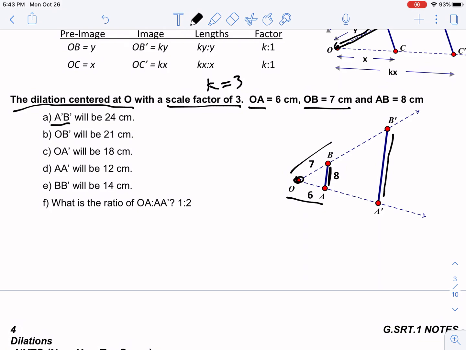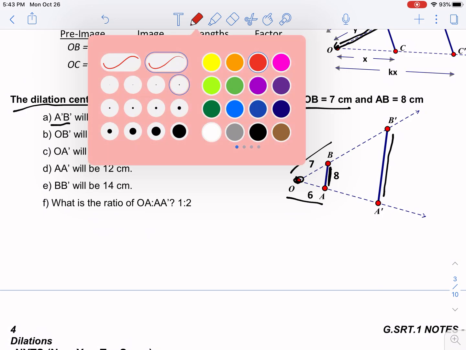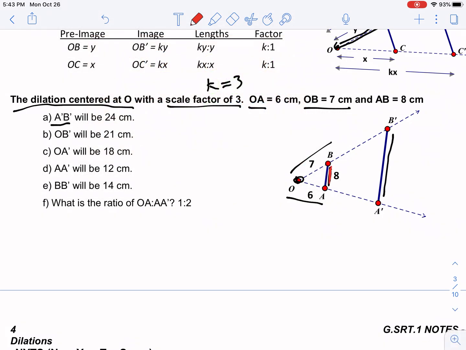Well, that distance is just going to be scaled by a factor of 3. So if AB over here is 8, then A prime, B prime is just going to be 8 times 3. Well, what's 8 times 3? 24. So this distance here is going to be 24 centimeters, which is what they have there, okay?